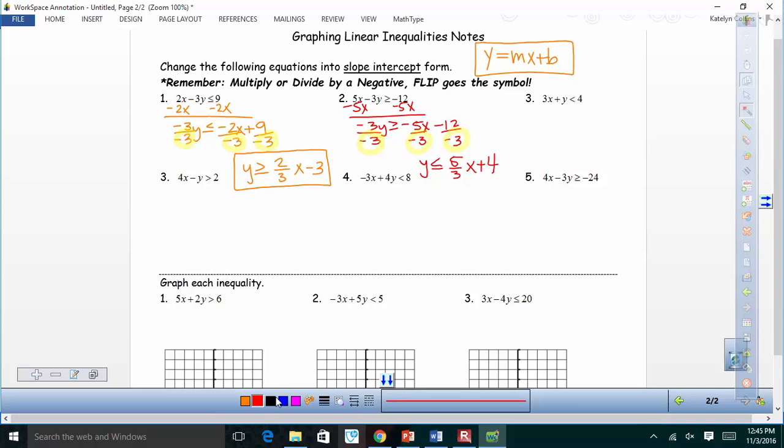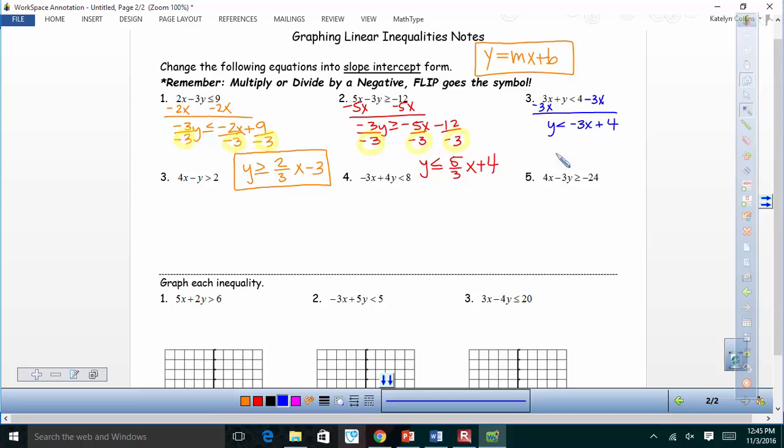Okay, let's try one more of those. So let's look at number 3. Will, what would you do first to get y by itself? Subtract 3x. So that would give me y is less than, and we're going to put negative 3x first, plus 4.